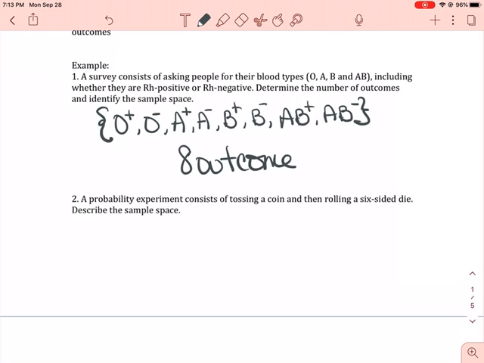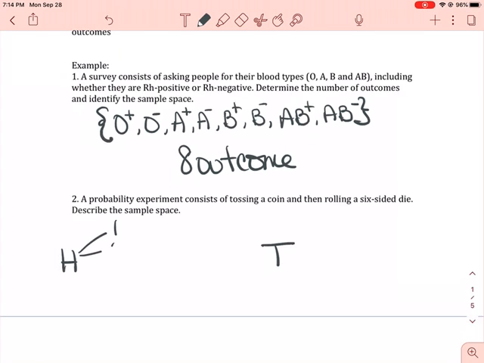A probability experiment consists of tossing a coin and rolling a 6-sided die. Describe the sample space. Okay, so we're going to toss a coin. That means you're going to have a head or a tail. Now I'm going to do what is called a tree diagram to help me figure this out. And then I can roll a 6-sided die. I'm going to need more room.